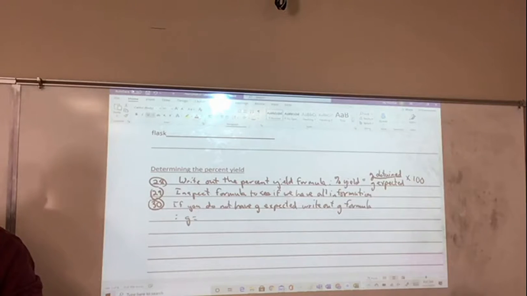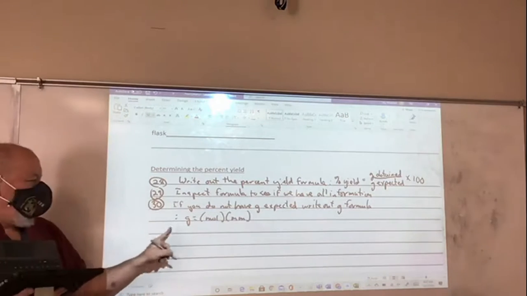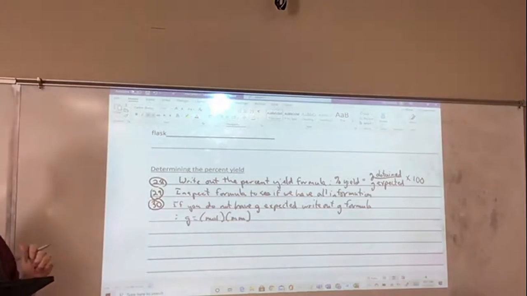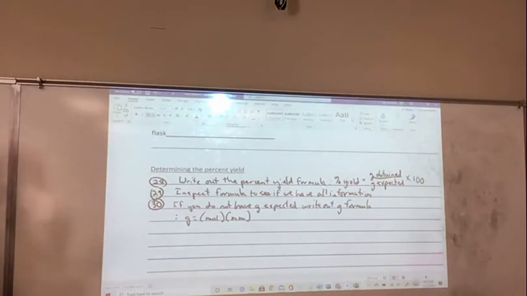Grams equals moles times molar mass. Okay? So if you do not have grams expected, write out gram formula. Grams equals moles times molar mass.